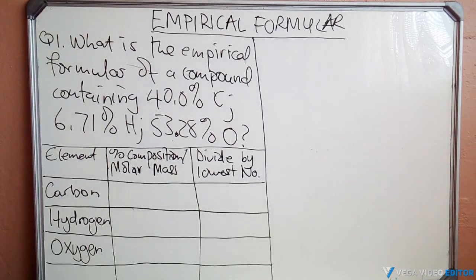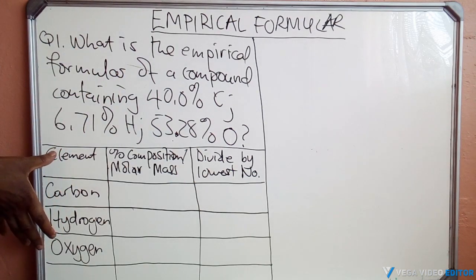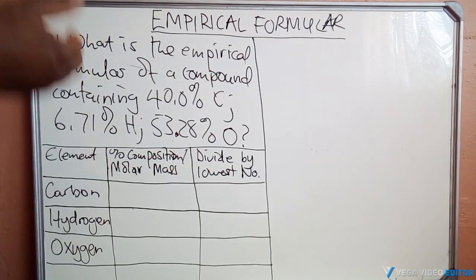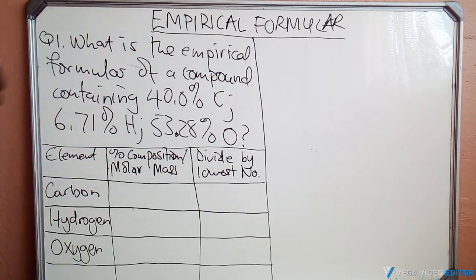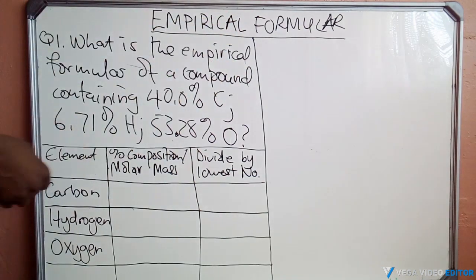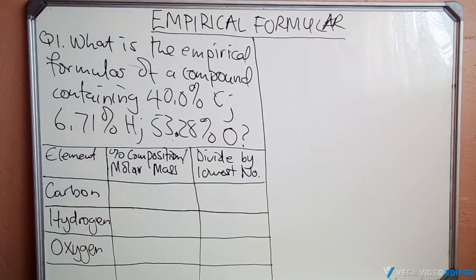Now, for us to find the empirical formula, our starting point will be to fill this table. The reason why we are filling this table is we want to find out exactly the proportion or the ratio of carbon to hydrogen and to oxygen in our compound.